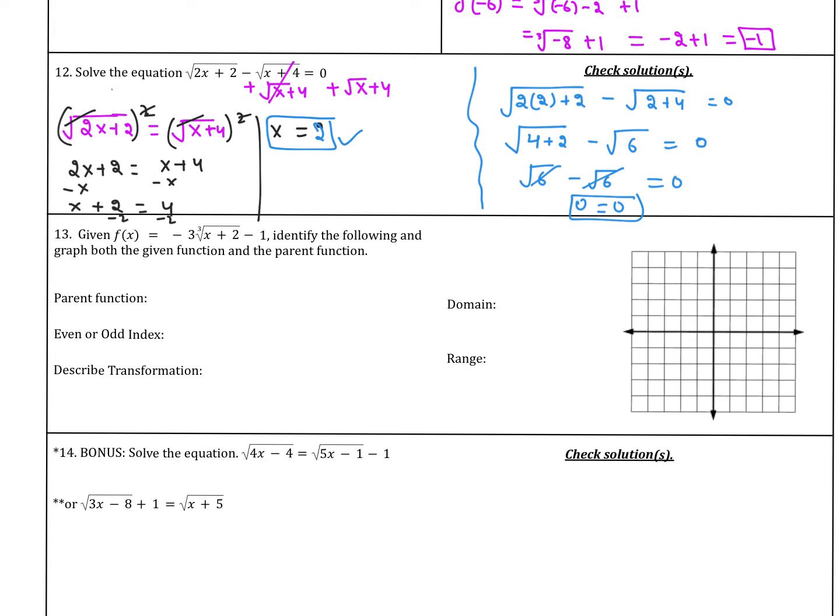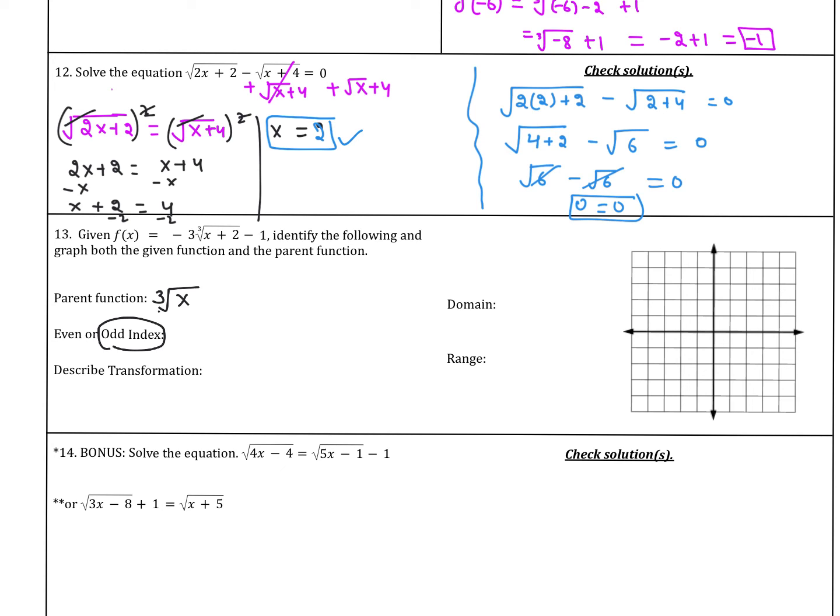For number 13, given is the function f(x) equals negative 3 times the cube root of x plus 2, minus 1. You can identify the following and graph both the given function and its parent function. First of all, we're going to find the parent function. The parent function for this one is the cube root of x. It's going to be an odd function because it's a cube root. Now describe the transformation.